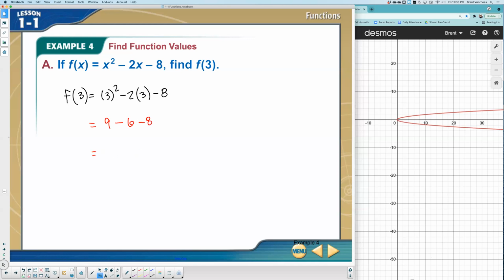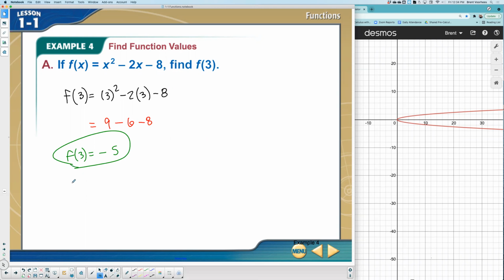So when I subtract across, 9 minus 6 is 3, and then I subtract 8 more. 3 minus 8 is -5. And that would be my solution. f of 3 would equal -5.